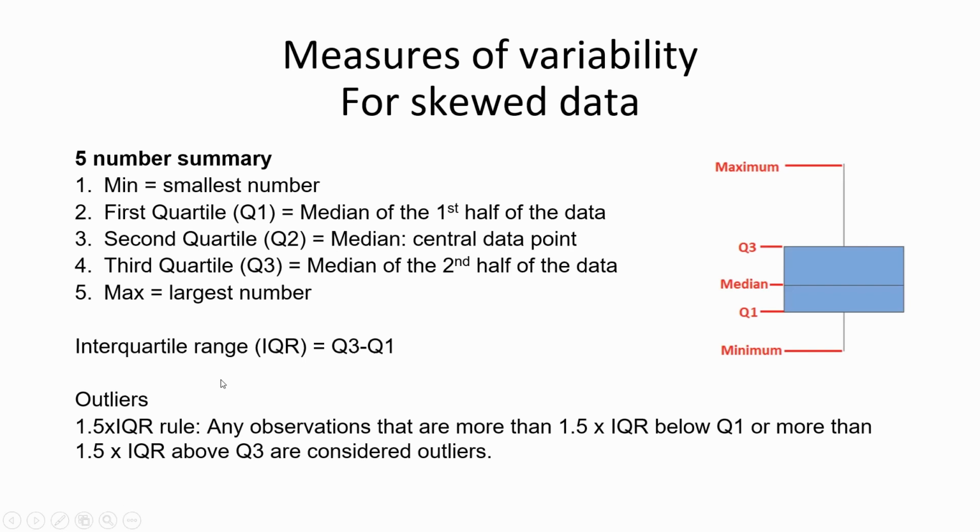Outliers are typically defined by a very specific rule: the 1.5 times IQR rule. Simply stated, any observations in your data that are more than 1.5 times the interquartile range, Q3 minus Q1, below Q1 or more than 1.5 times IQR above Q3 are considered outliers.